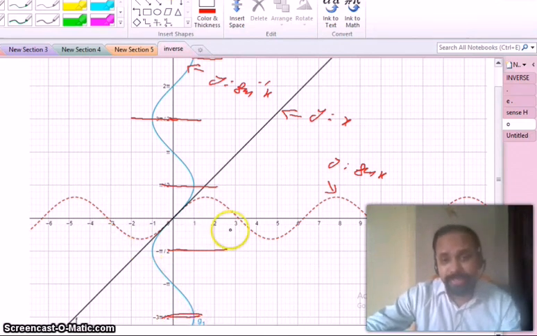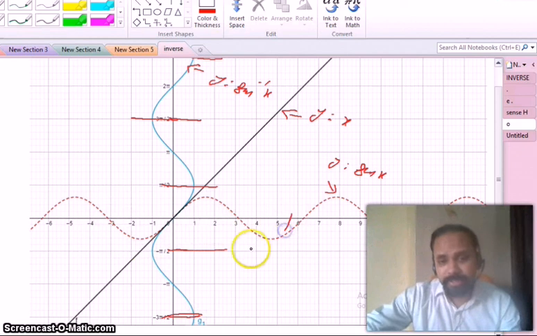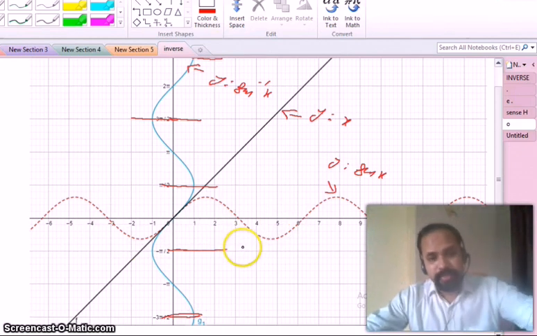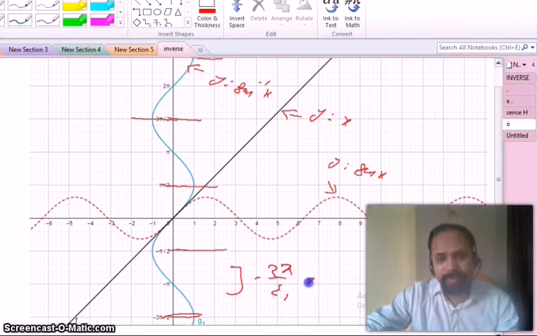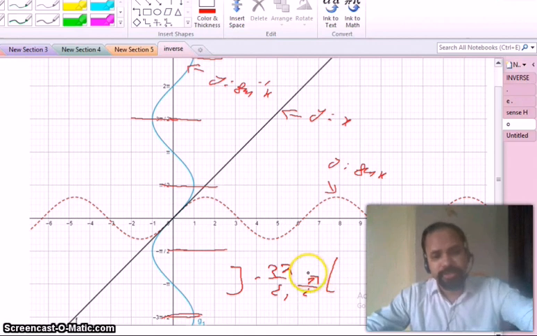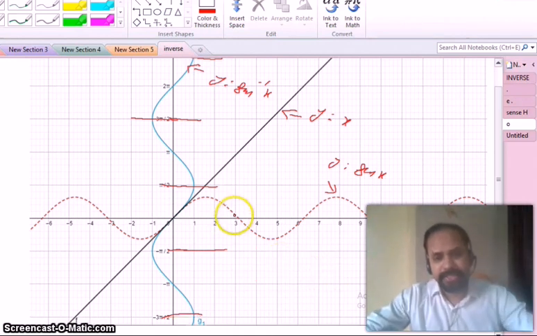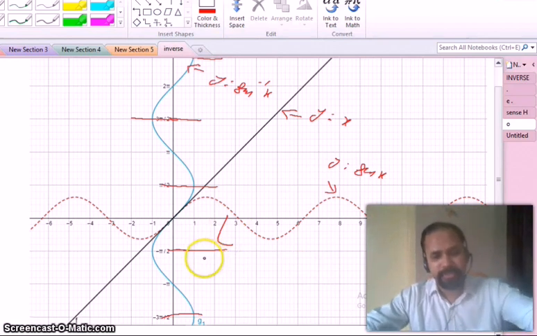That means from where to where? One is from minus 3 pi by 2 to minus pi by 2, a closed interval.